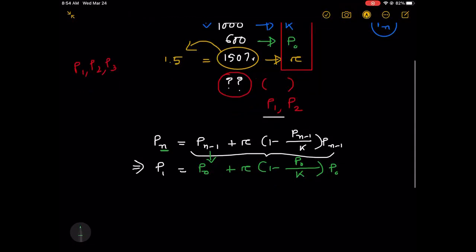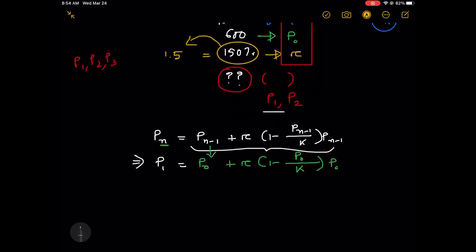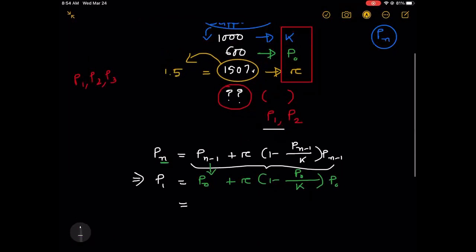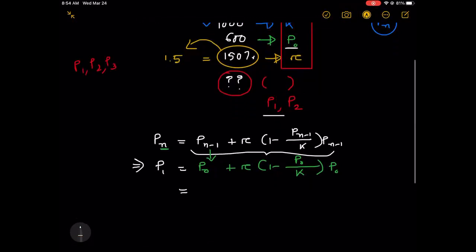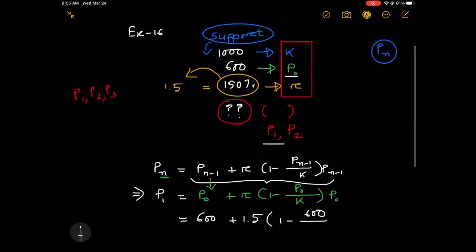Next, let's plug in the values. P naught is 600. We already know that. So let's plug in the value 600 plus R is 1.5. P naught again is 600. K is 1000.